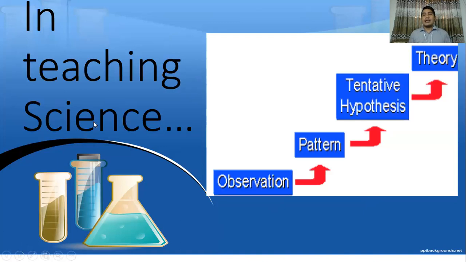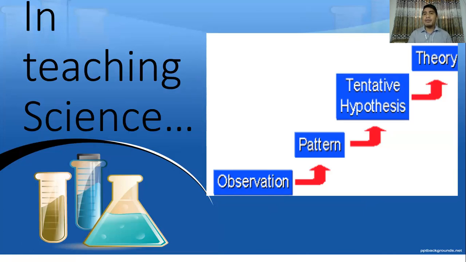Now, in teaching science, of course, we sometimes follow inductive reasoning as shown in the slide. So when we do inductive reasoning, we do observation, we look at the patterns from our observation, we have this tentative hypothesis, we check whether our hypothesis from our observation is evident, and from there we come up with a theory.